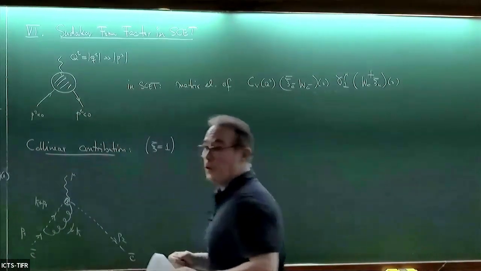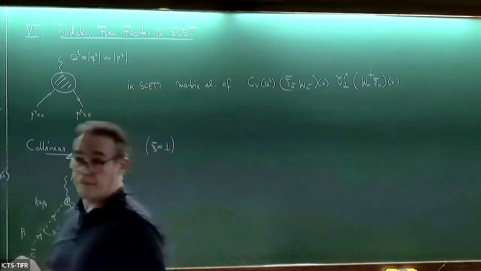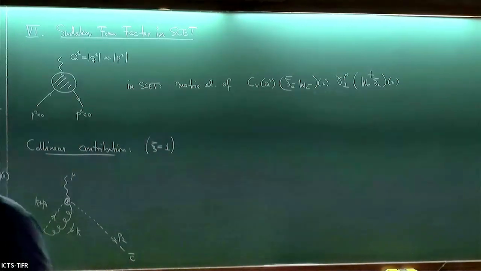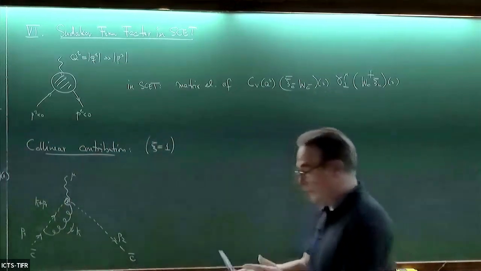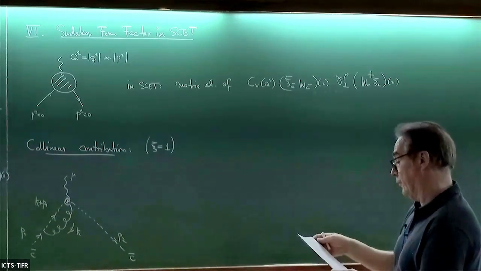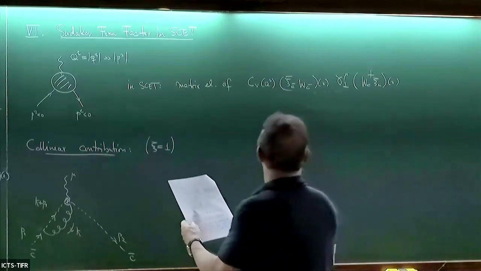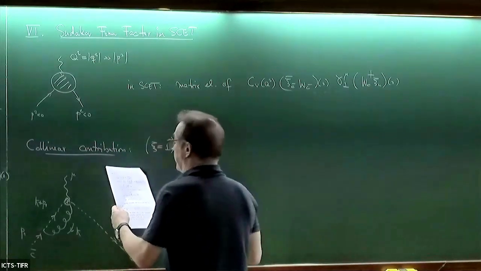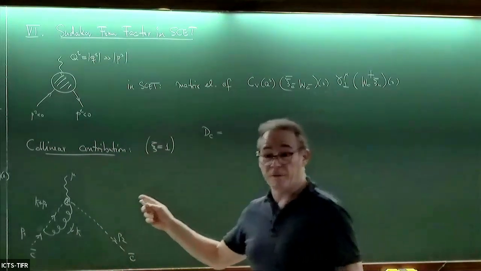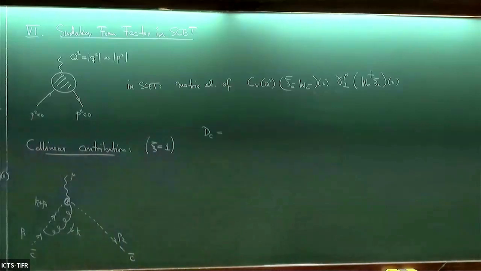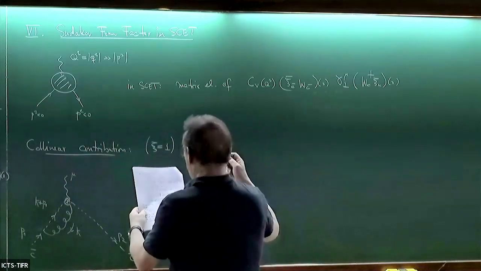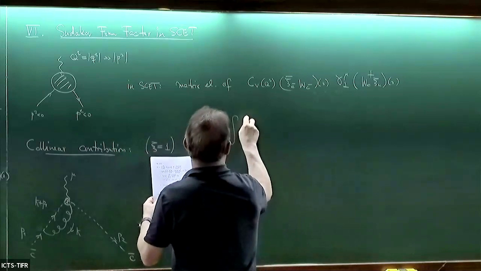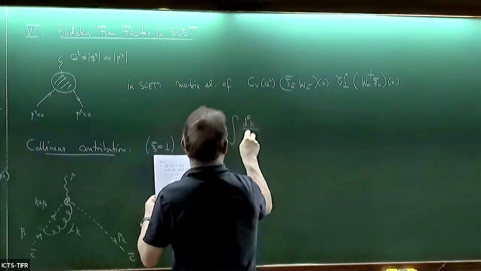And this time I will not ignore numerator structures. I'll really compute it, showing how it works without too many details. This collinear contribution is the one exception to the rule I mentioned yesterday that we never use the Feynman rules. We'll use them once just to see that they work. So now I'm really using the rules that we wrote down yesterday. So I have my loop integral.